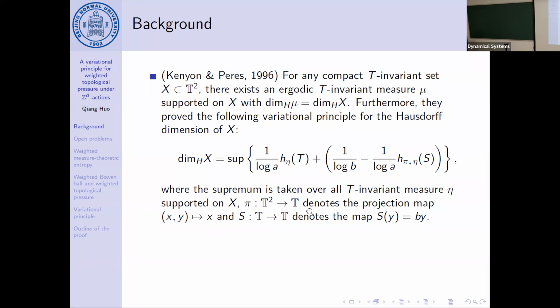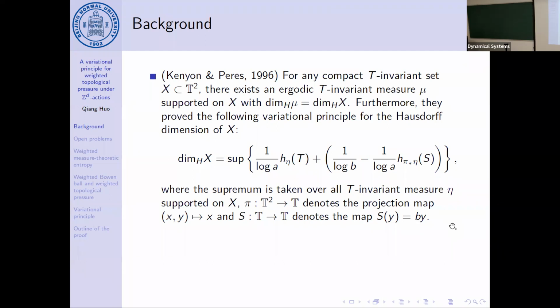And pi denotes the projection map from the torus into a circle. It is the projection to the first coordinate. And S is another expansive map on the circle, defined by S(y) equals B times y, and B is bigger than 2.